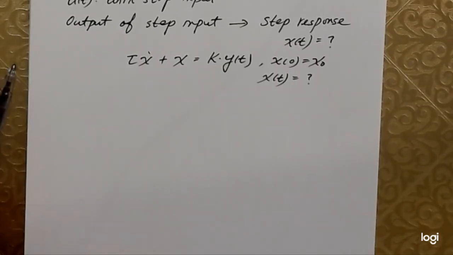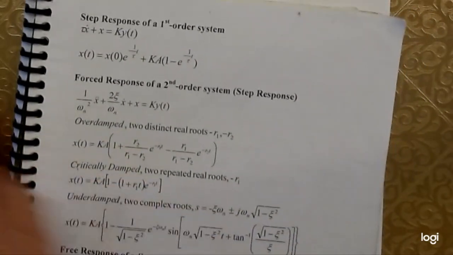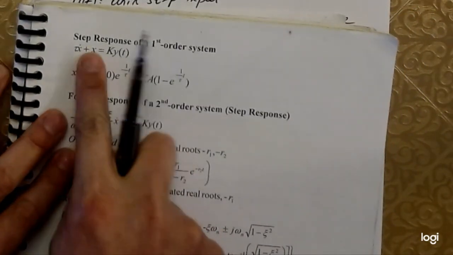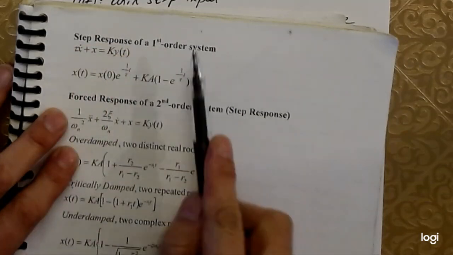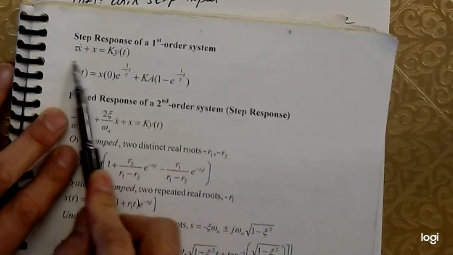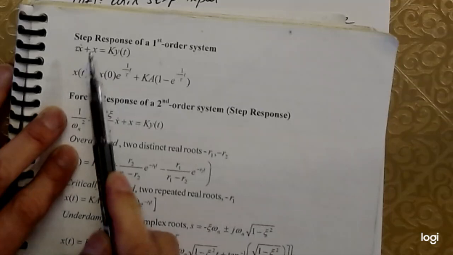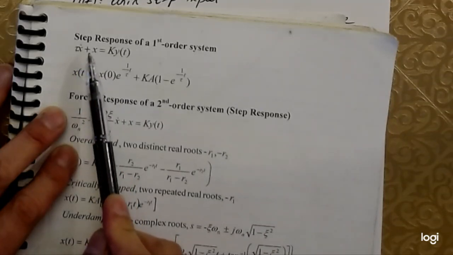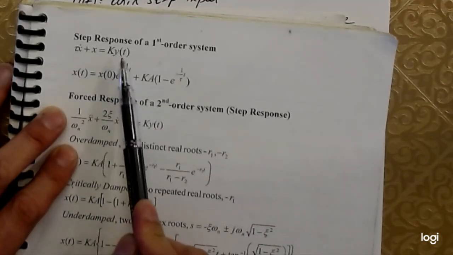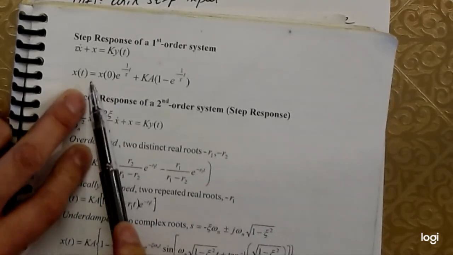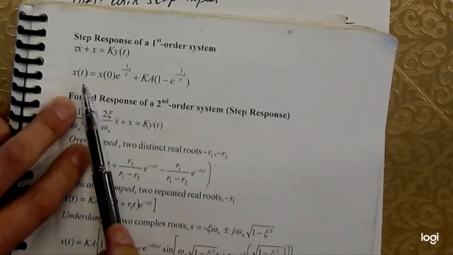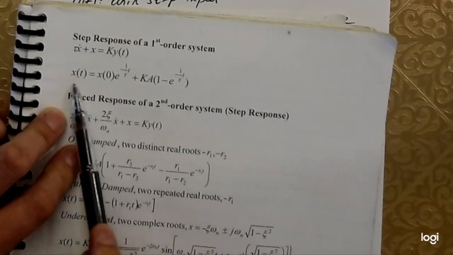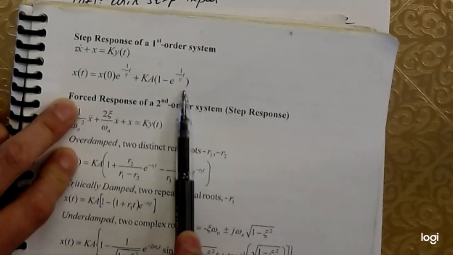You will be able to see it right here: step response of the first order system. The first order system is defined as tau s dot plus x equals k times y of t. The step response x of t will be in this form right here.